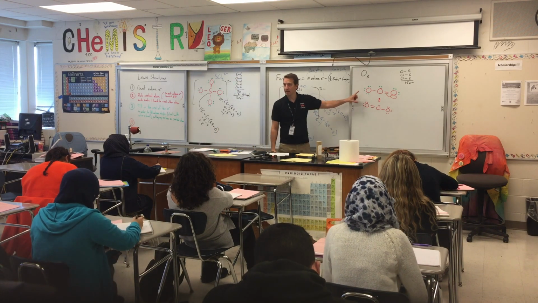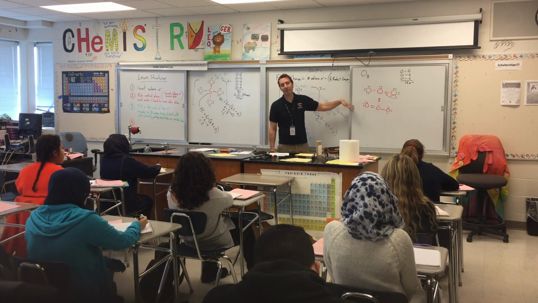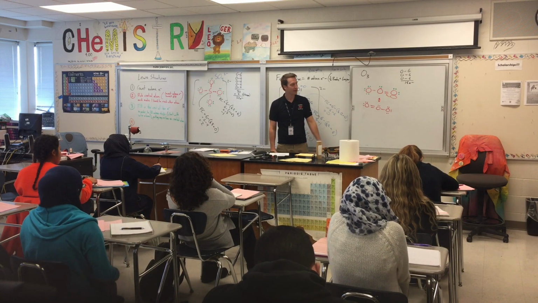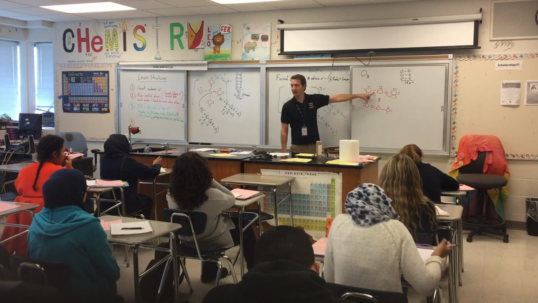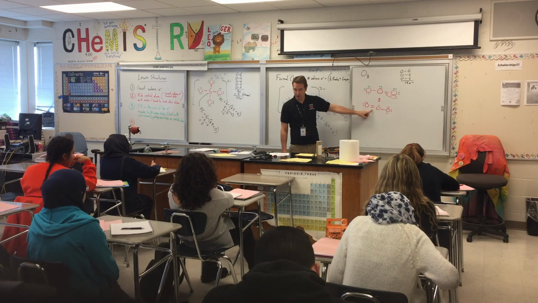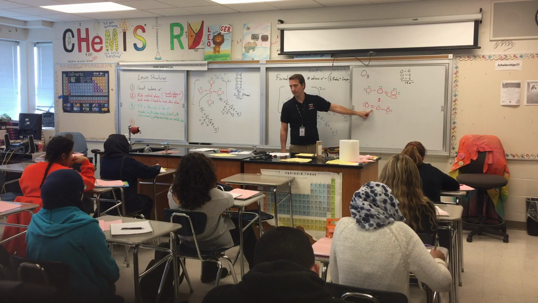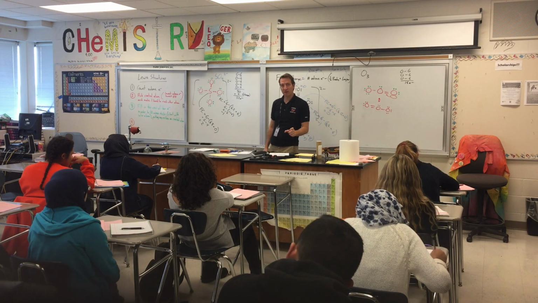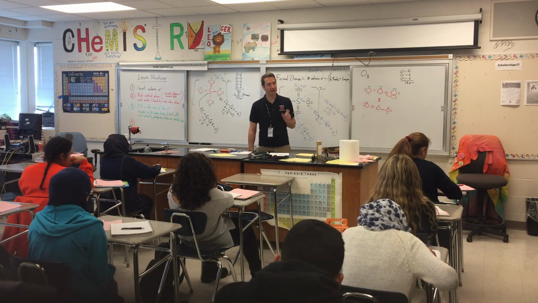In reality, the true molecule is an average of all the resonance structures. So if the bond on the left is a single bond in one structure and a double bond in another structure, the average bond order is 1.5. It's something a little bit stronger than a single bond, but weaker than a double bond.